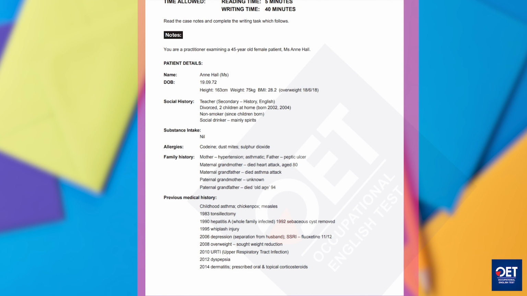Whiplash injuries there. Then in 2006, she suffered depression due to separation from her husband. Since 2008, she's been overweight. And since 2010, she has been suffering from upper respiratory tract infection, dyspepsia, dermatitis. Also, she has been prescribed oral and topical corticosteroids.